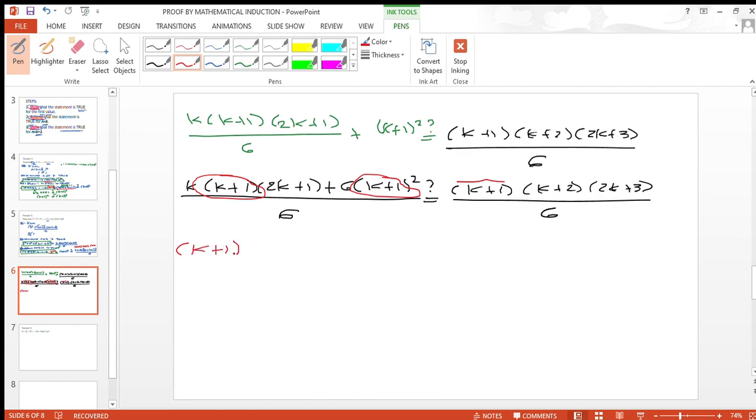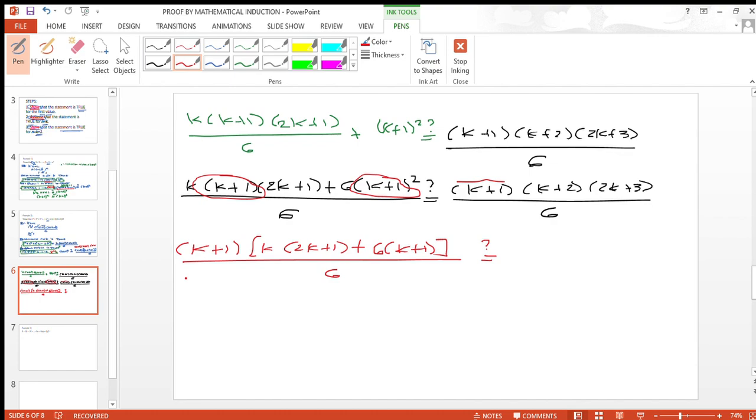If we factor out k plus 1, that now leaves us k times 2k plus 1, because we have factored out k plus 1 from the first term, plus we have factored out k plus 1 from k plus 1 squared, so there's one more k plus 1 left, 6 is also left there, so that's 6 times k plus 1. Then everything divided by 6, and we have the right side.